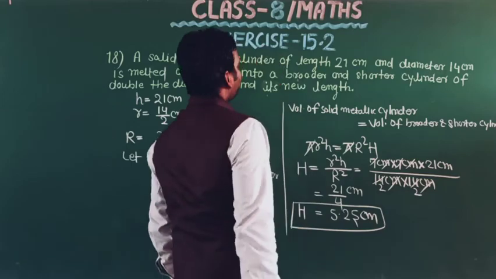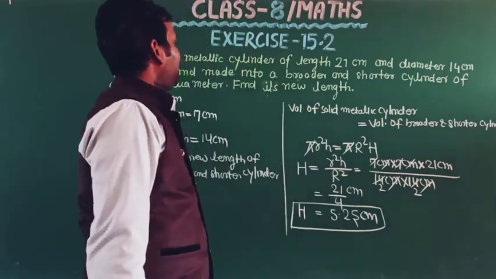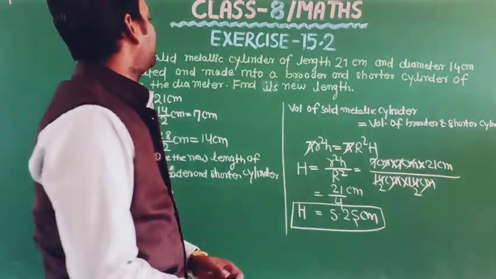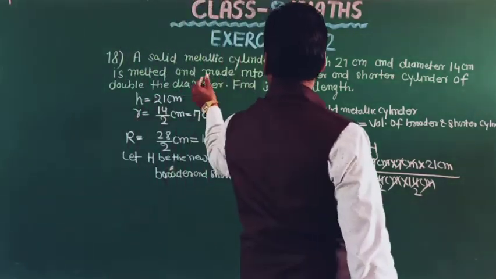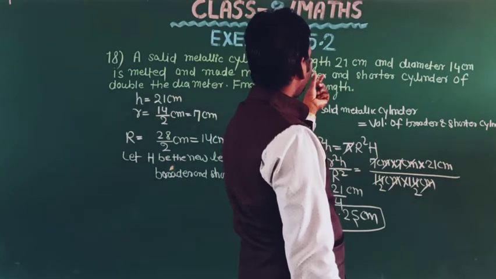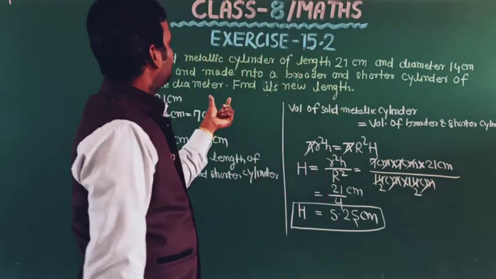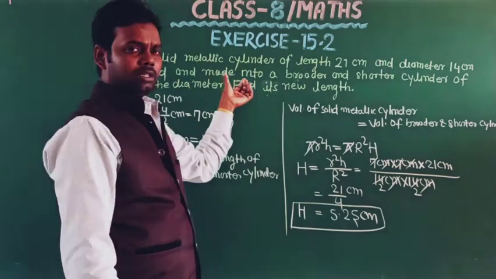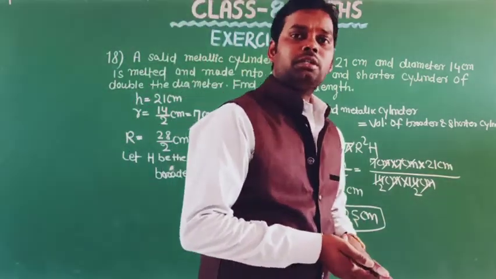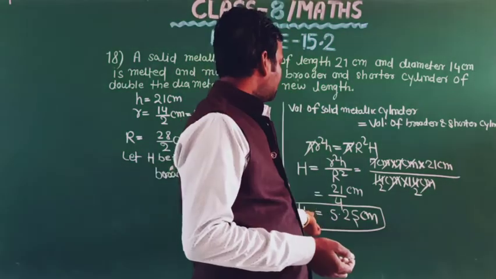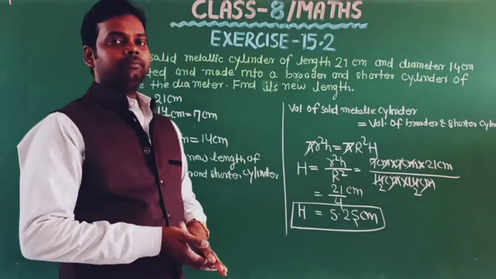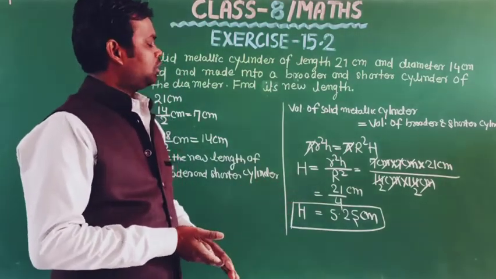This is the length of the new cylinder, the cylinder formed by melting the solid metallic cylinder of length 21 centimeter and diameter 14 centimeter. So this is the new height of the cylinder.